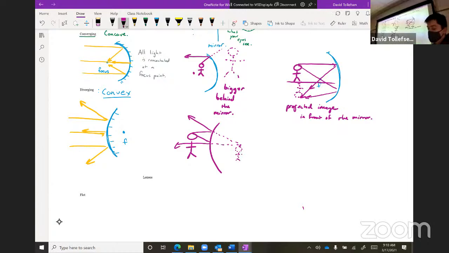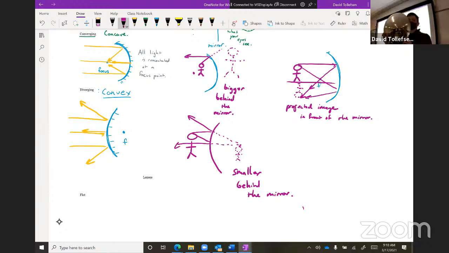So for a diverging mirror, you look smaller, behind the mirror. So these are the mirrors that you would usually see in like Walgreens up in the corner. You can see the whole classroom and you're all pretty small inside the mirror. So notice how you look smaller in the mirror, because all the light rays are diverging away, taking all the light and spreading it out.